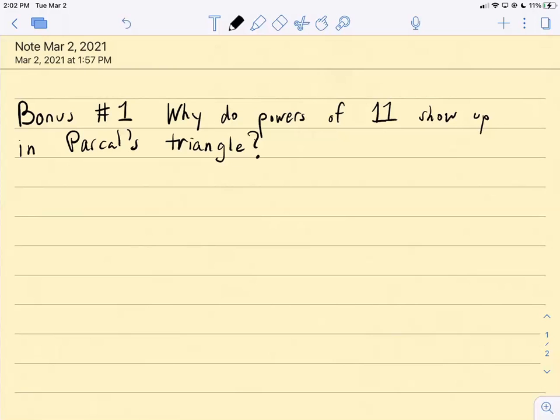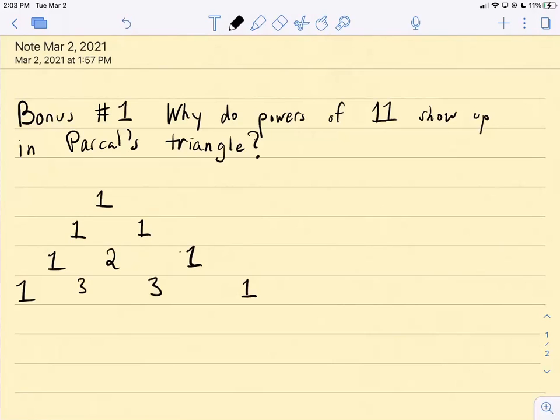Okay, so this was one of the bonus questions from the first one. Why do powers of 11 show up in Pascal's triangle? If you write out Pascal's triangle, you start off with a 1, then 1, 1, then 1, 2, 1, then 1, 3, 3, 1.